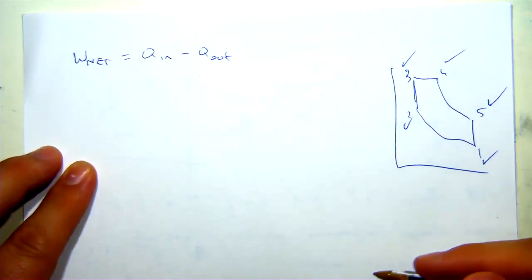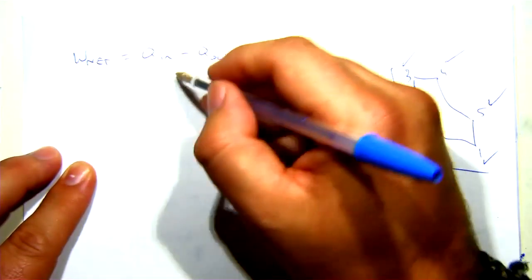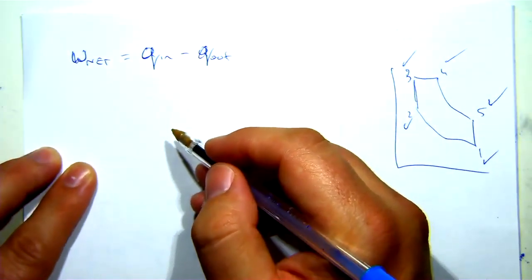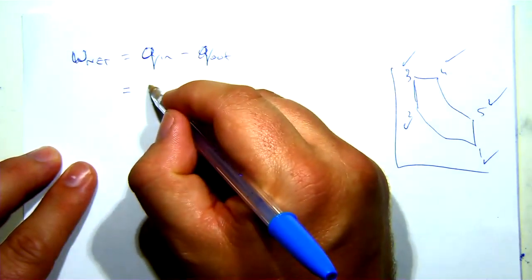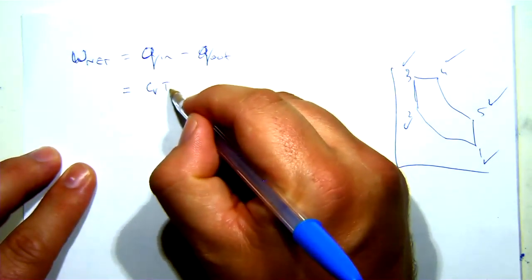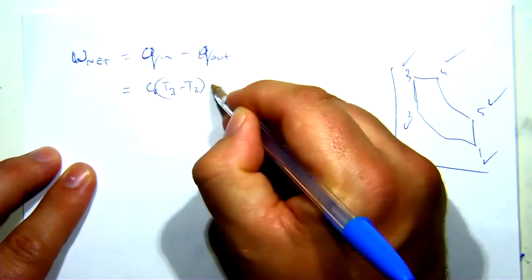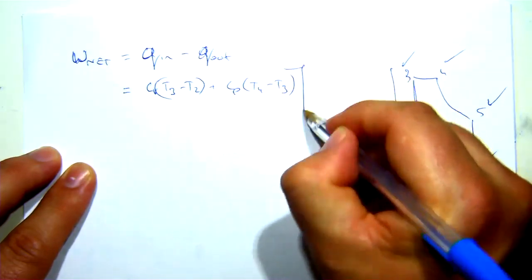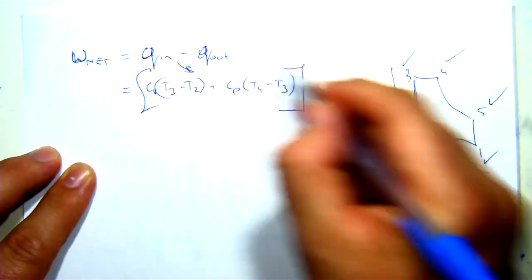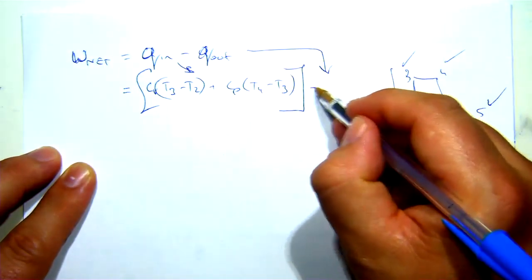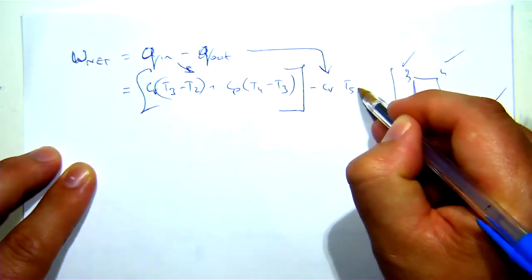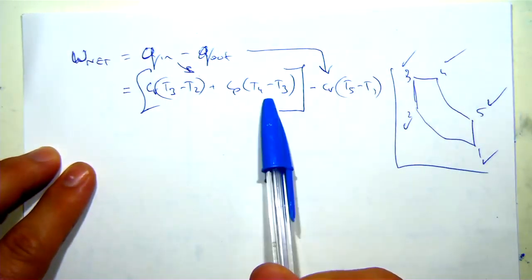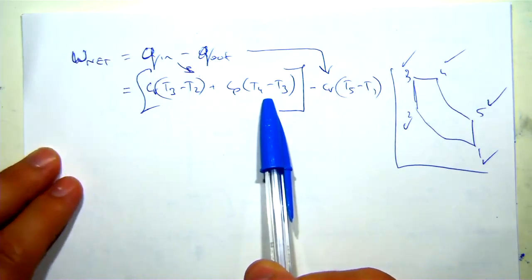MEP, which is net work over delta V. So, Q in is CV (T3 minus T2) plus CP (T4 minus T3), minus CV (T5 minus T1), that's Q out. Internal energy for the constant volume process, enthalpy for the constant pressure process.